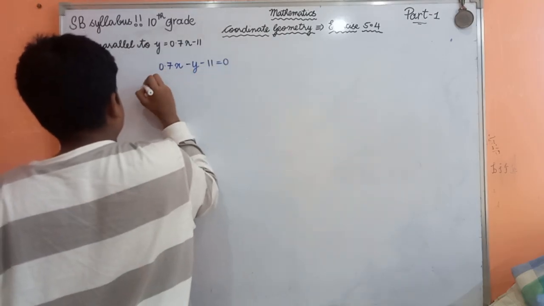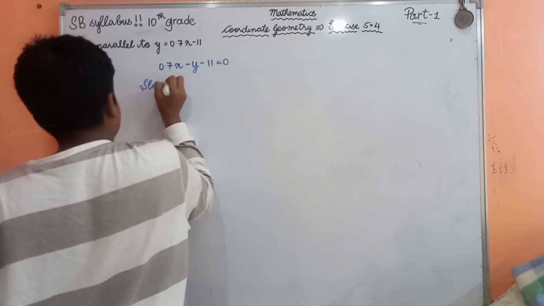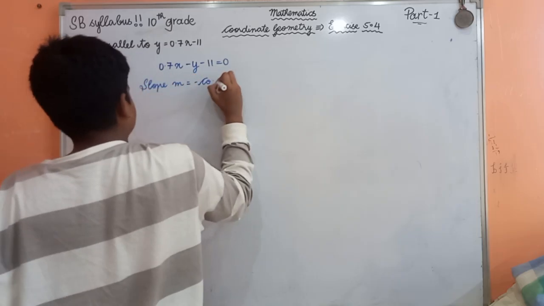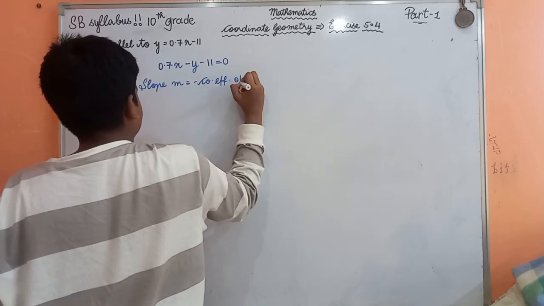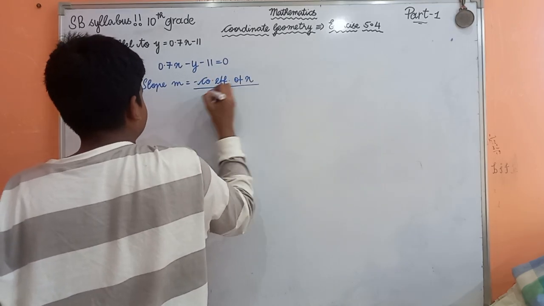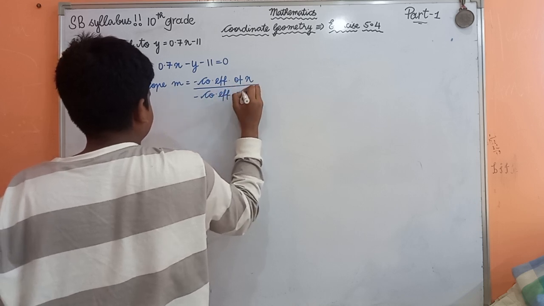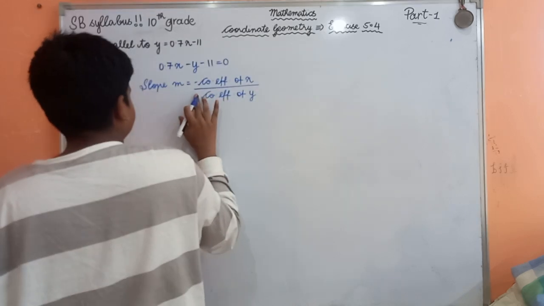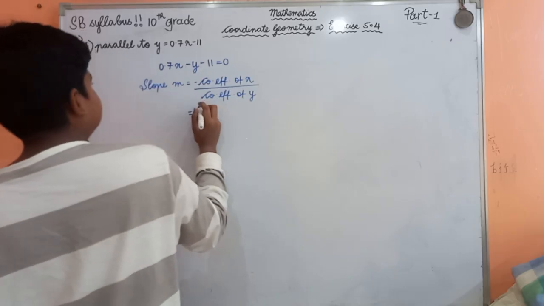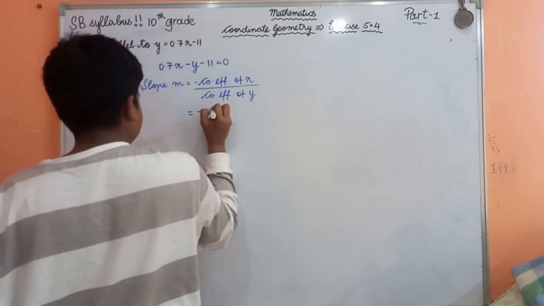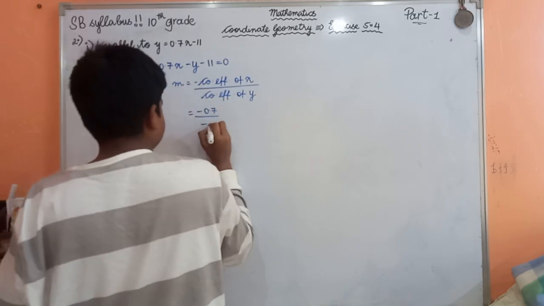And the slope m is equal to minus coefficient of x by coefficient of y. So minus 0.7 by the coefficient of y, which is minus 1.